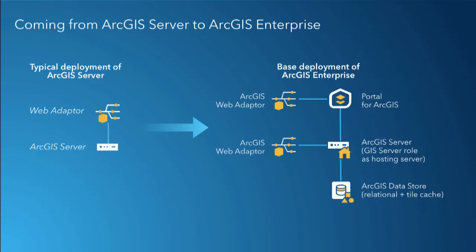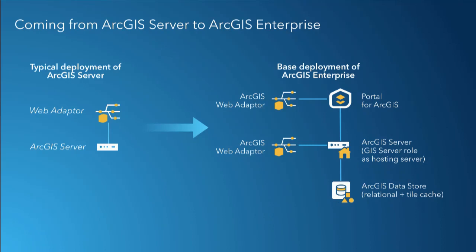Maybe there's one or more machines in that site, but typically it's a fairly simple thing from that perspective, at least on a logical architecture diagram like this. Now, when you're moving from that kind of deployment to the base ArcGIS Enterprise deployment, you'll notice that there's some more components now. So now we have to figure out how do we go from one to the other.